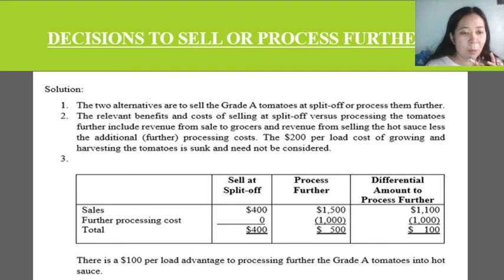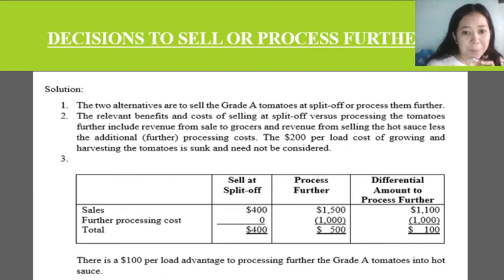However, if the company decides to process this further into hot sauce, then the company will have a net benefit of $500, even though they will incur an additional $1,000 for processing it further.